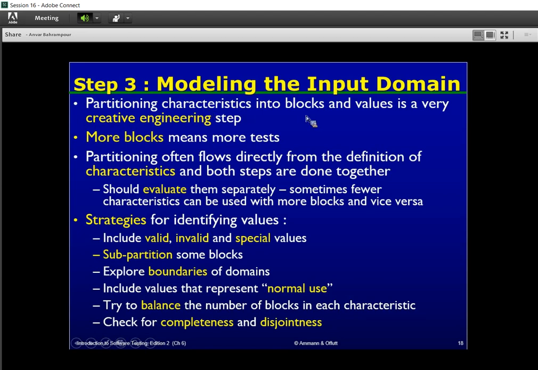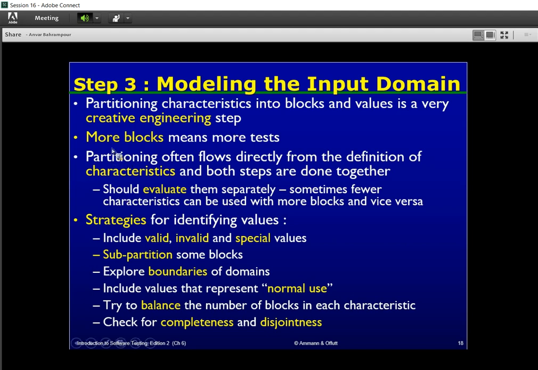We should partition our domain into blocks, and this is a very creative engineering step, because our partitions should be disjoint and all of them together constitute our domain.